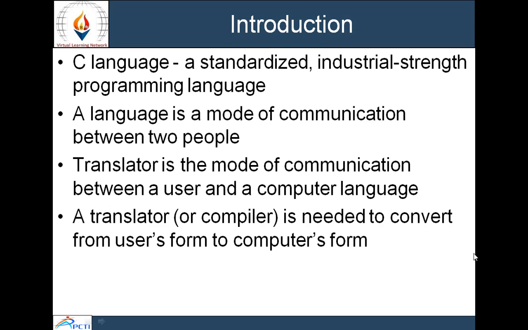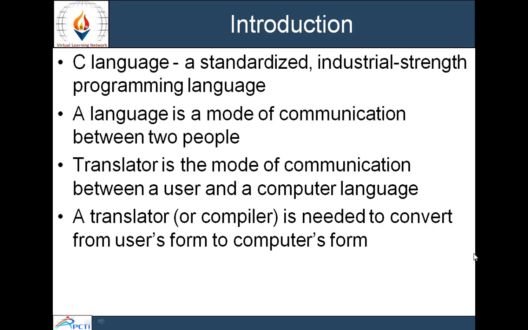In this unit, we will introduce you to the basics of programming language C. C language, a standardized industrial strength programming language. A language is a mode of communication between two people. Whatever they communicate, understanding should be there in proper order.